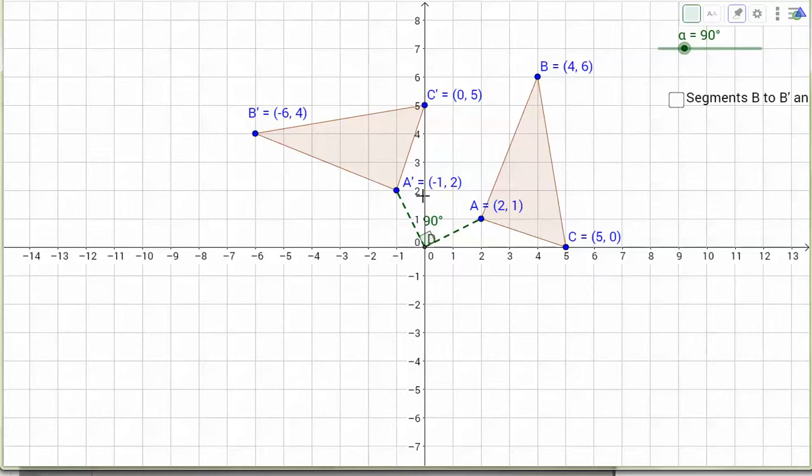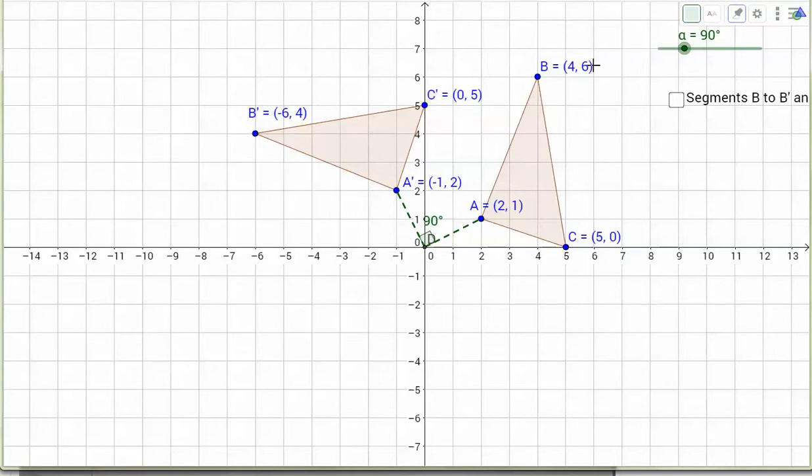Let's look at the points that we get. A, which was at the point (2, 1), A prime is now at (-1, 2). So what exactly is happening? Let's look at B. B was at (4, 6). B prime is at (-6, 4). We're kind of using the same numbers.